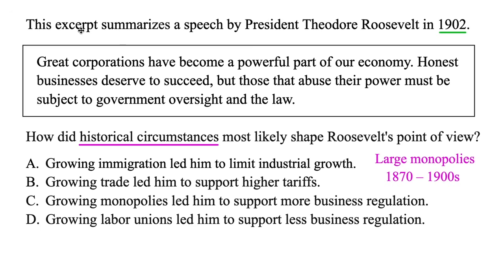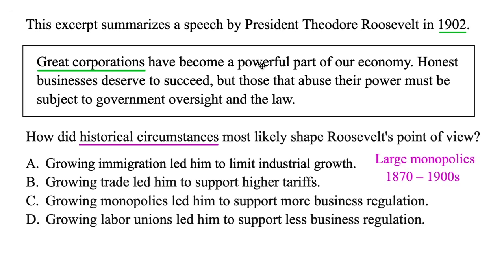Let's see. This excerpt summarizes a speech by President Teddy Roosevelt in 1902. Great corporations have become a powerful part of our economy. Honest businesses deserve to succeed, but those that abuse their power must be subject to government oversight and the law. Right off the bat, he talks about great corporations, or big businesses.